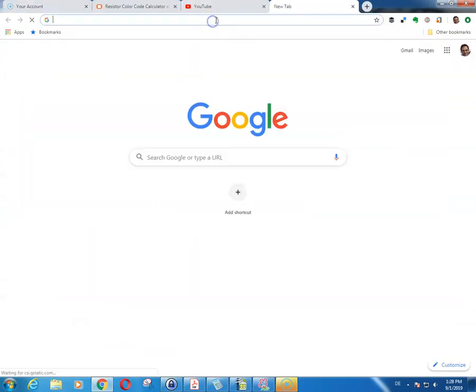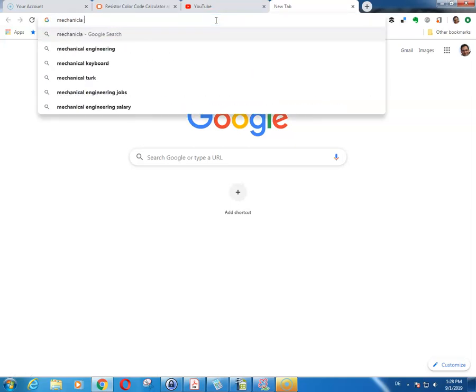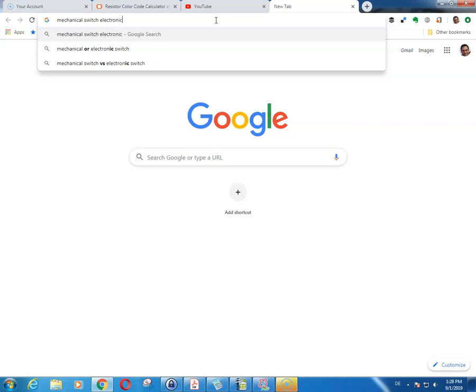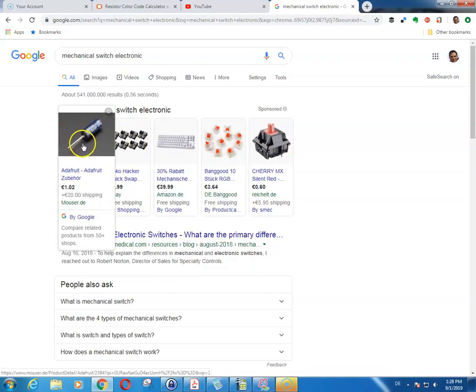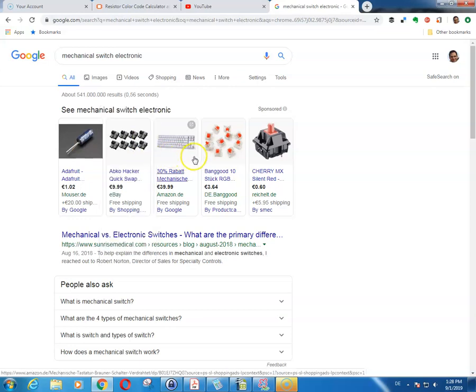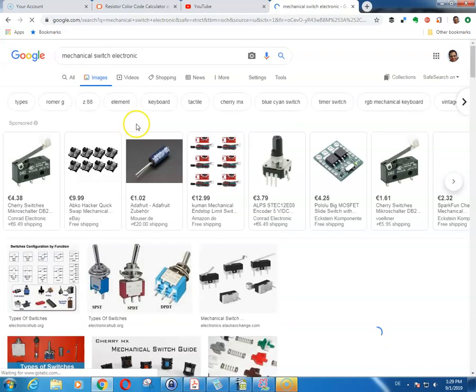So for example, if you go to Google and search mechanical switch, electronics, for example, this might be a mechanical switch, or something like this.